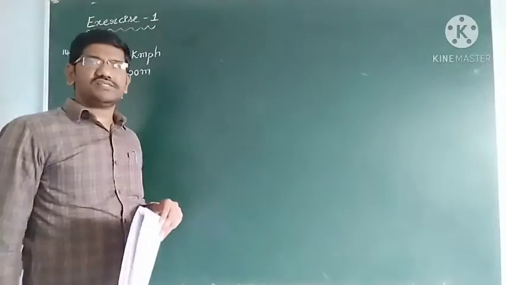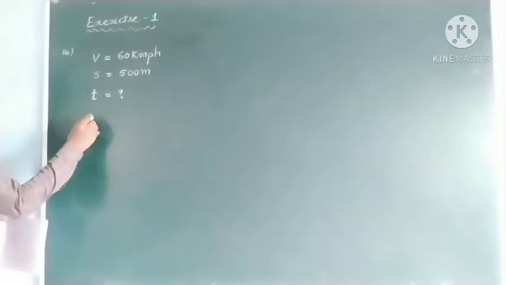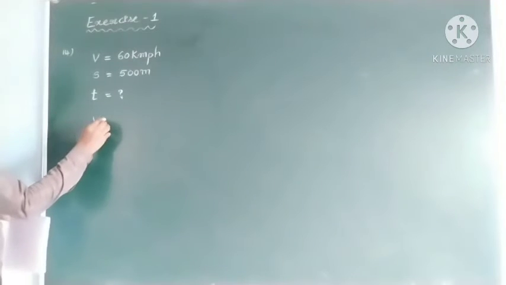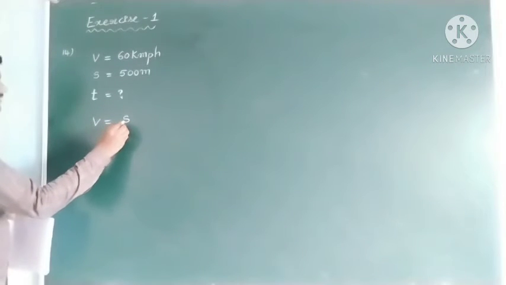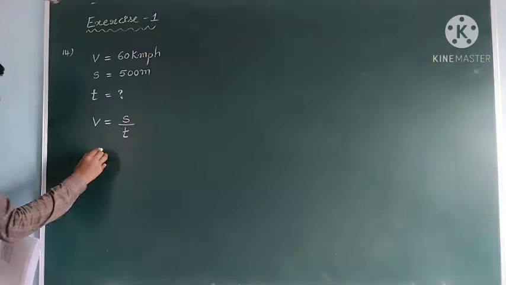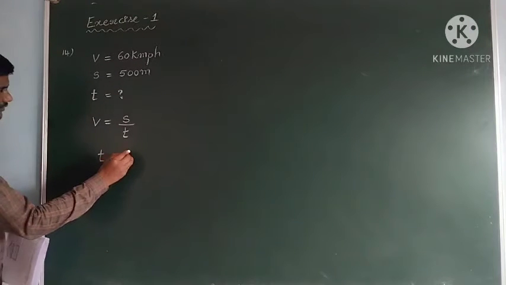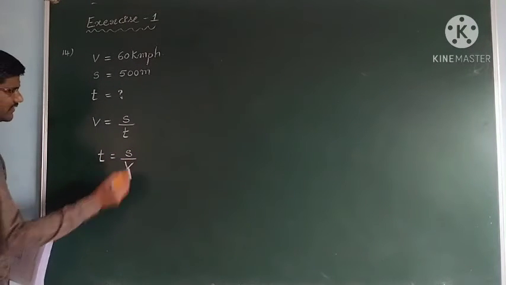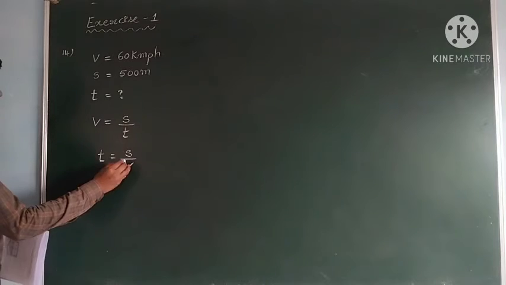Okay, students. So we know that V is equal to S by T. Then we will get T is equal to S by V. So we want time.